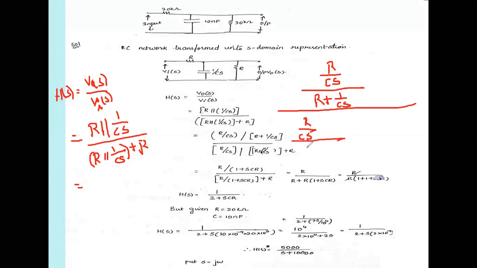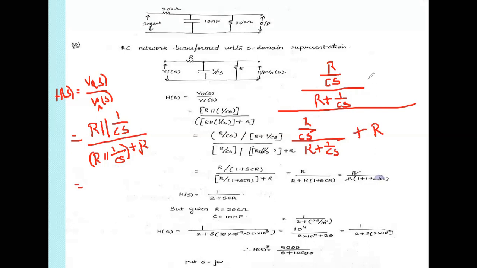In the denominator also, R by CS whole divided by 1 plus R plus 1 by CS plus R. Okay, the parallel function R by CS whole divided by R plus 1 by CS, and again the whole divided by R by CS whole divided by R plus 1 by CS plus R.